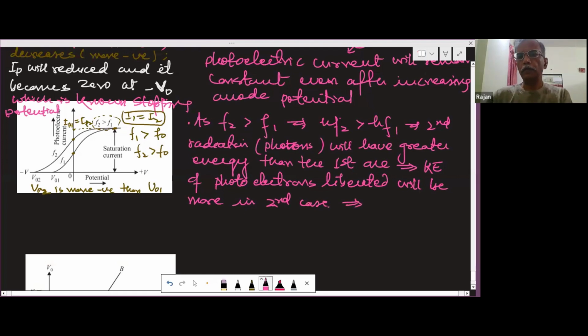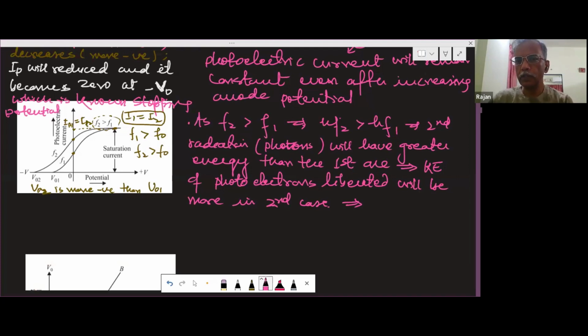Then, if it is more, more stopping potential will be required to stop the second one.